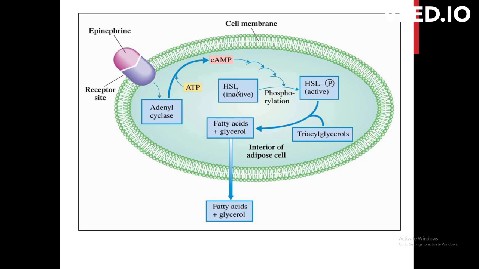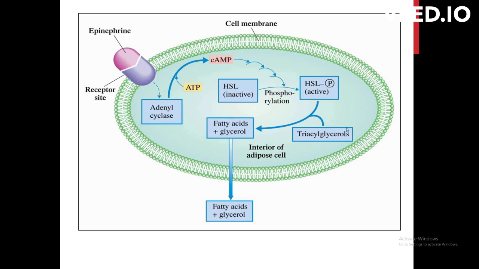Now we will have the activated, phosphorylated form of hormone-sensitive lipase, which causes cleavage. When we say cleavage, it means to cut or split. So when triglycerol undergoes cleavage, it turns into fatty acids, and there will be a release into the bloodstream of fatty acids and glycerol.